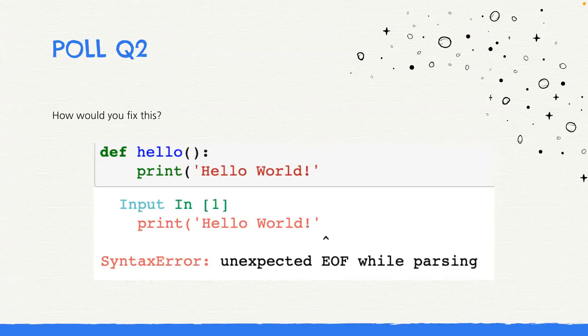In this case, "unexpected EOF while parsing" usually means you're missing a comma, a quotation, a parenthesis, anything like that.